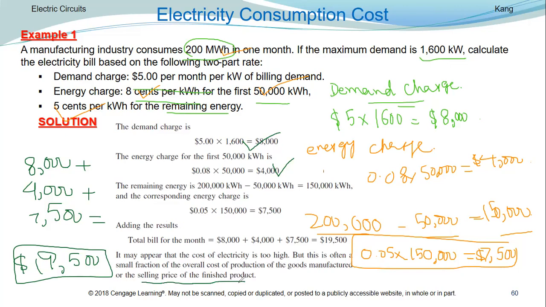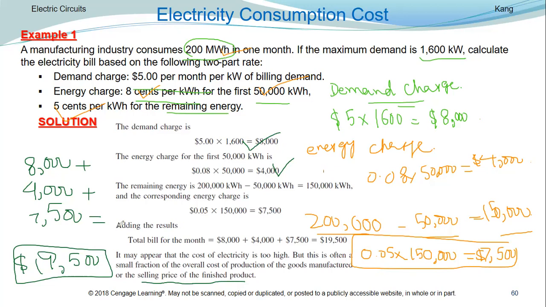So this is the thing related to electricity billing. One major thing is that it will be three parameters.